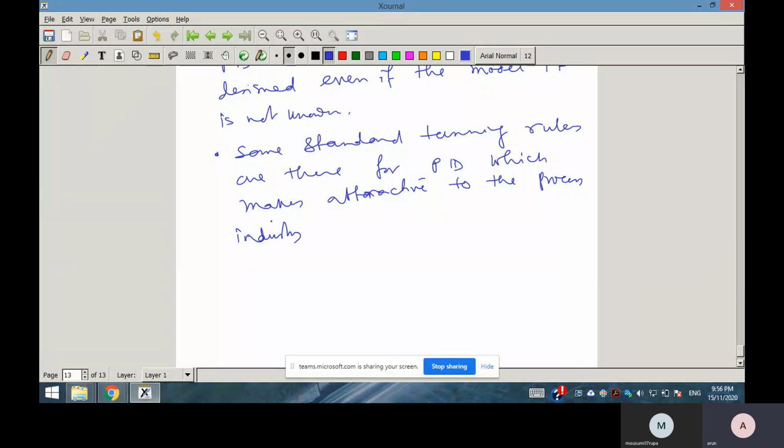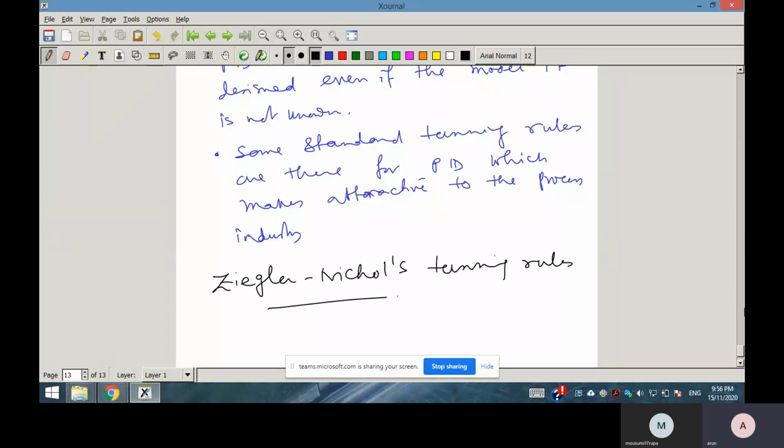Irrespective of the model transfer function, there are some standard tuning rules. There is no mathematical proof, but they are seen to yield very good behavior. Such a well-known tuning rule is known as the Ziegler-Nichols tuning rule.